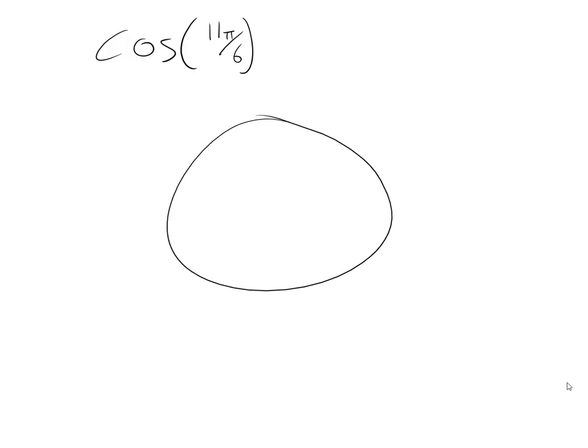What if we had something like cosine of 11 pi over 6? So again, we go to the unit circle. Here is 11 pi over 6. I'm trying to write that as neat as I can. We're just going to go straight up to right there.